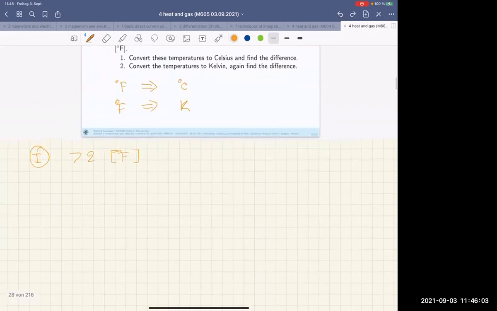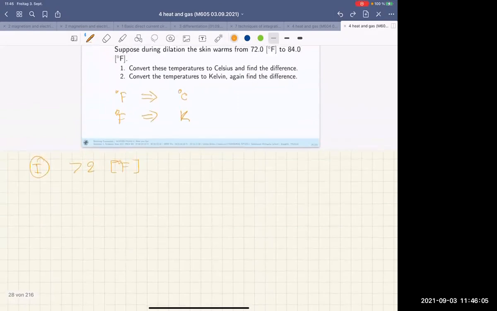If you want to convert it to degrees Celsius, you just say TC is equal to 5/9 of TF minus 32.